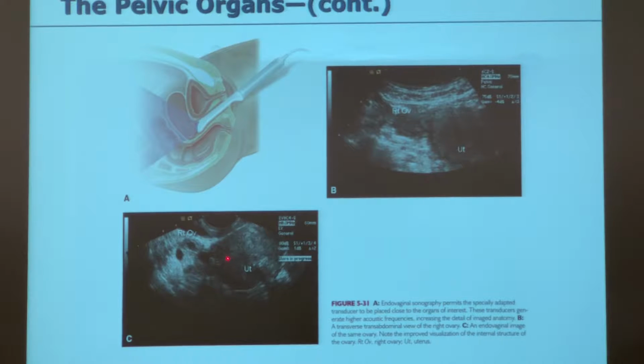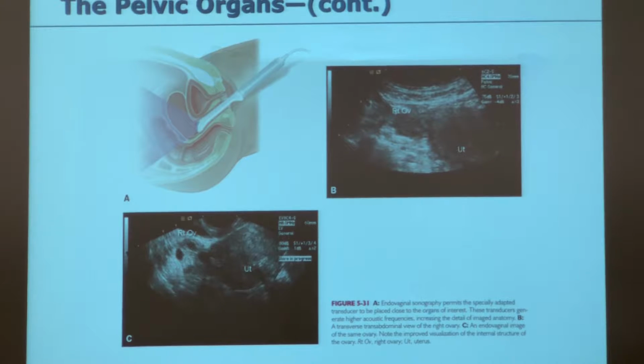So here I'm looking at the right ovary. How do I know that's my right ovary? The follicles. I know it's the right ovary because it's to the right of a transverse uterus.